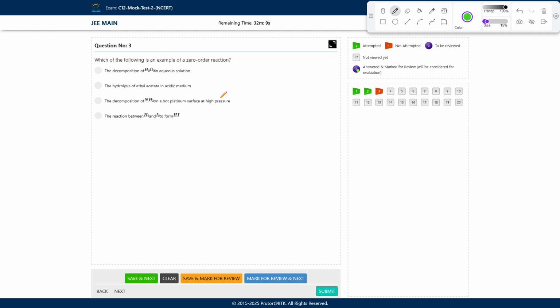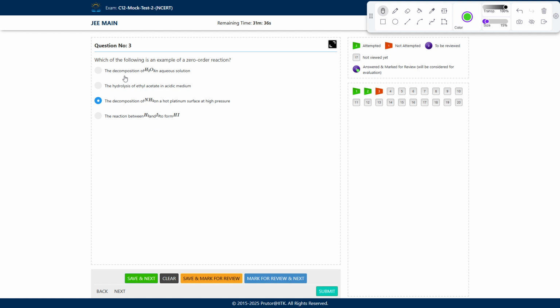And that's why at high pressure the ammonia decomposition on the hot platinum surface is going to be our example for a zero order reaction, because it is showing us that this process is not depending upon the concentration of the reactant. It is depending upon the reactivity, or the catalyst surface activity, okay. So our correct answer is going to be the third option.